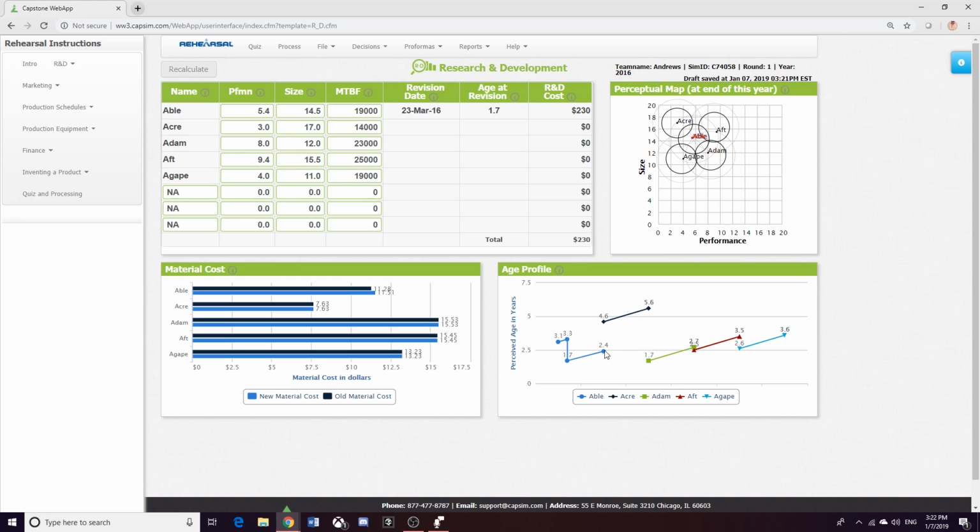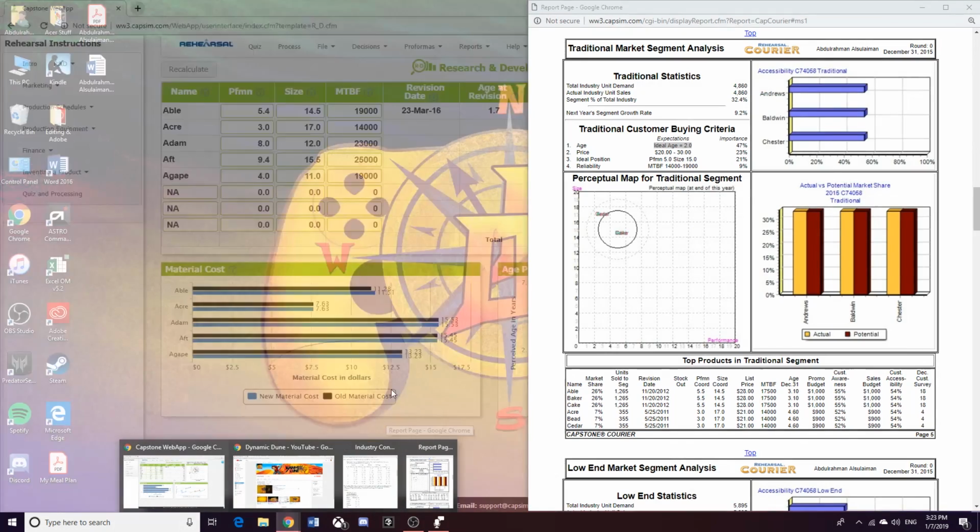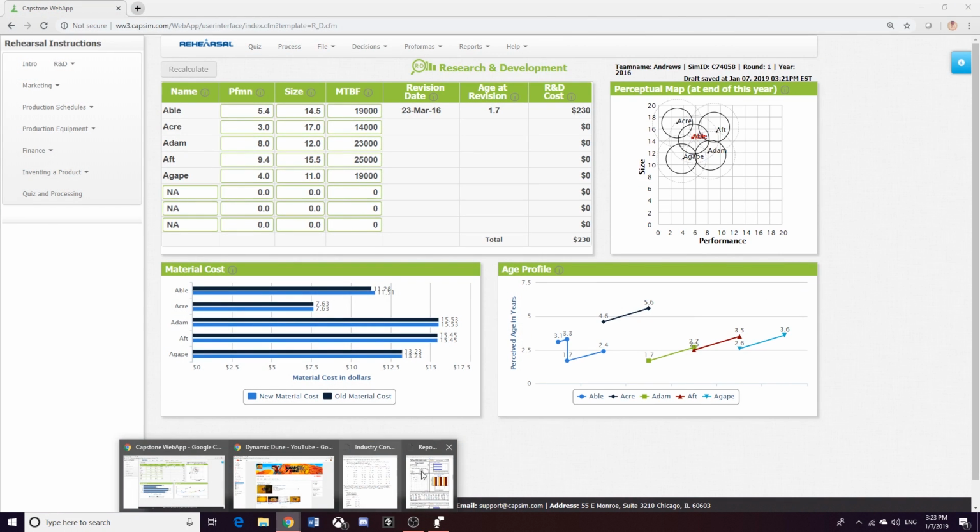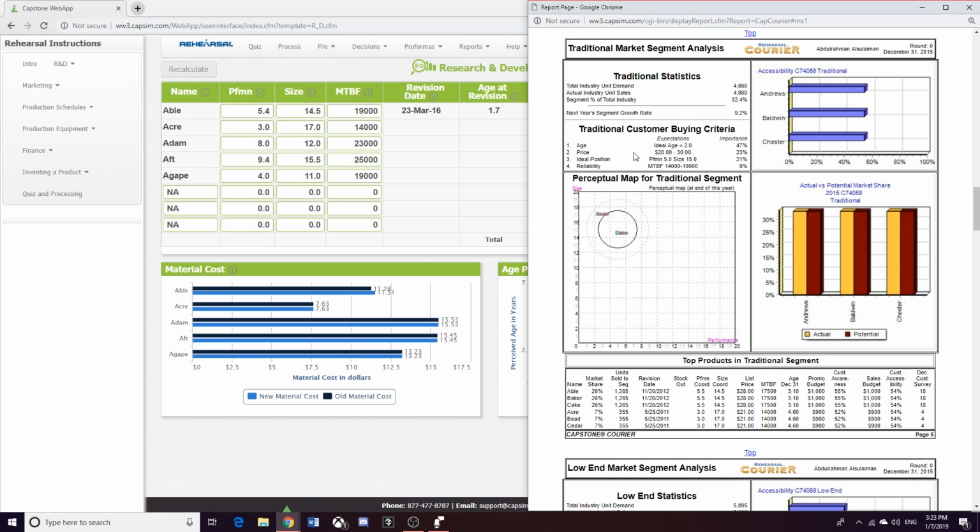So it's good that the age goes down, because remember, if you watched the customer buying criteria video that I made, you're going to understand that age is the most important factor in customer buying criteria. It has 47% importance. This is for the traditional segment. So it's very important that you have the ideal age for the traditional segment.